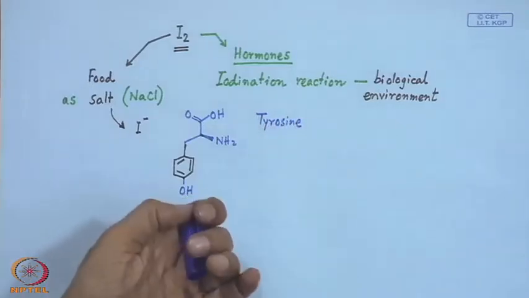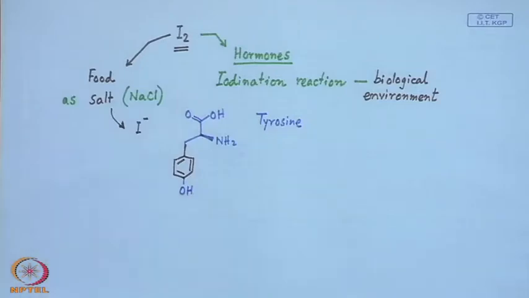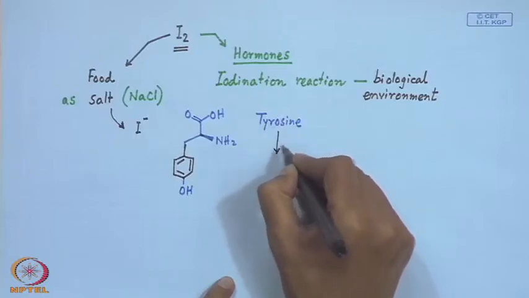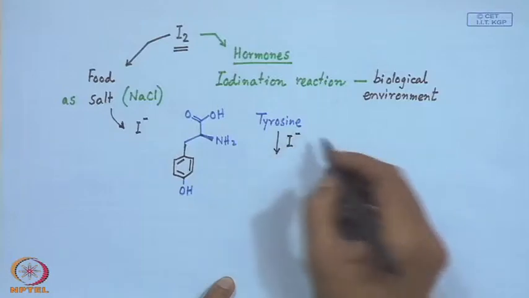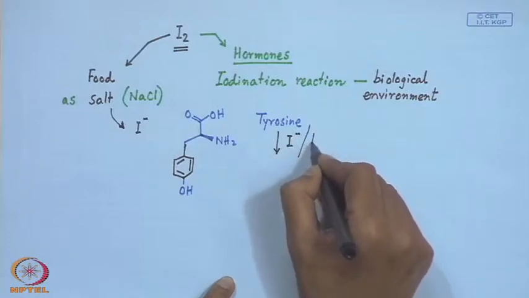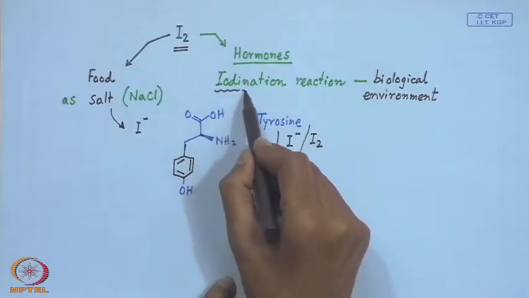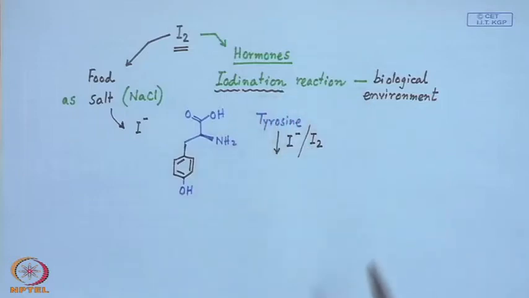So, if we have the tyrosine molecule in our hand, this tyrosine molecule can react or interact with our iodide ion or the free iodine molecule. The reaction is our typical iodination reaction.